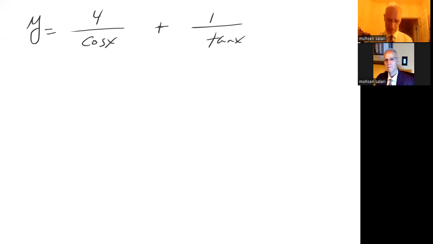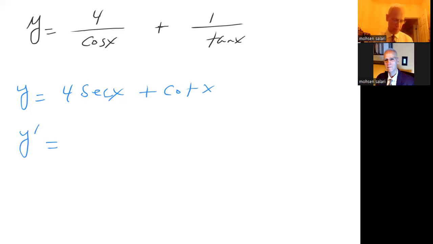I can rewrite this as y equals 4 secant of x, and 1 over tangent of x is cotangent of x, plus cotangent of x. So y prime equals 4 secant x tangent x minus cosecant squared of x.